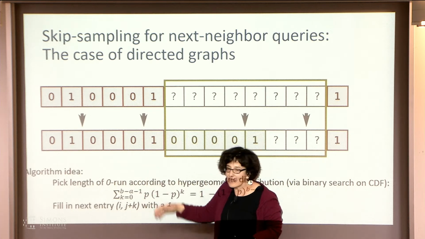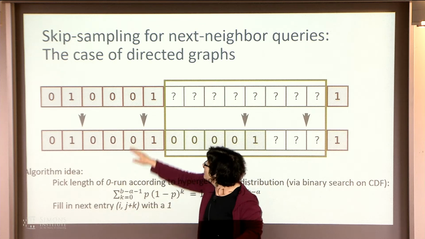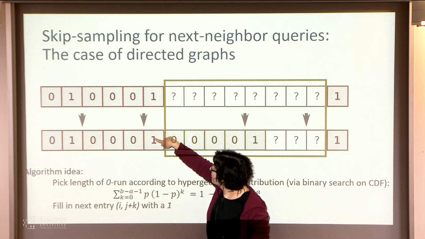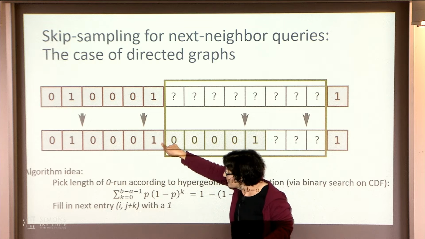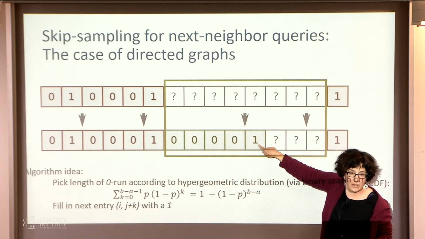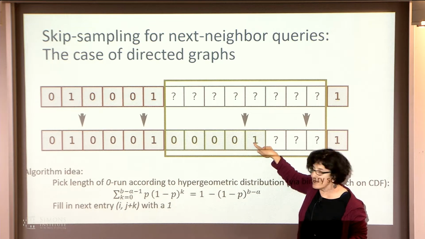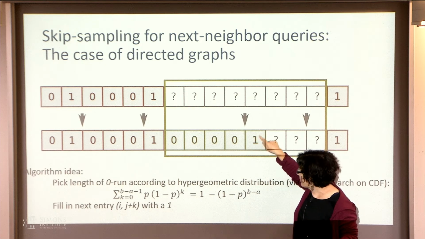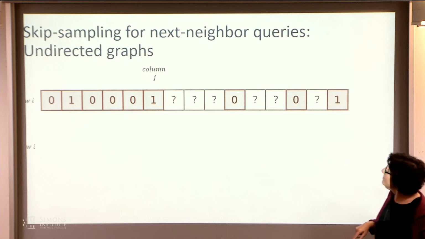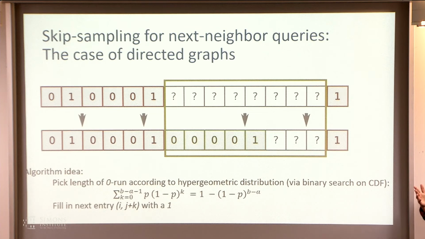Let's say we pick K. So we started at I, J. We'll fill in I, J plus K with a 1. Okay, so we picked that there was a run of 4 zeros, and then the fifth thing is a 1. That's what we picked. So we'll fill this in with a 1. And that's the idea. That's the whole idea.